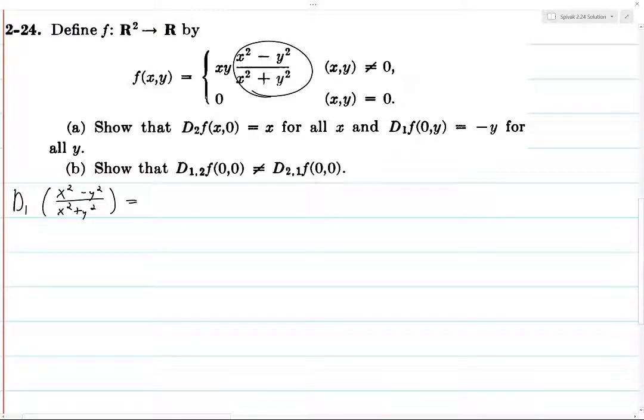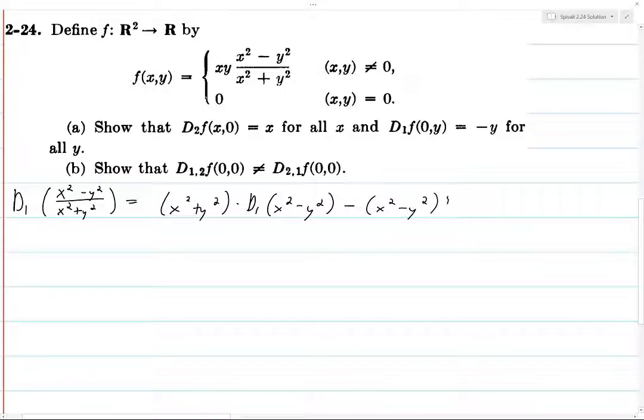We use the quotient rule: low d high minus high d low. So low, x squared plus y squared, times the derivative of what's on the top, minus the top times the derivative of what's on the bottom, and we divide the whole thing by the bottom squared.